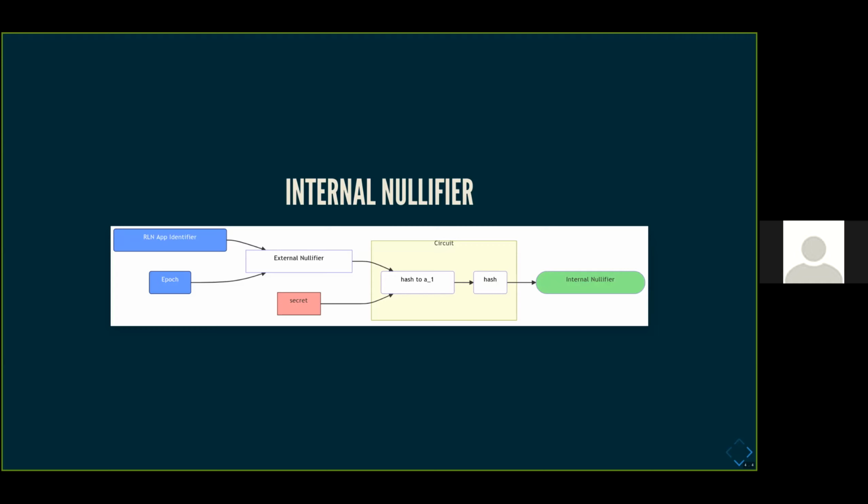And the RLN app identifier is basically just a value that allows there to not be collisions between different applications. So let's say you use just Unix timestamps or something for an epoch, if multiple apps use that, there won't be collisions. If a user uses the same identity on multiple applications, there won't be collisions there.